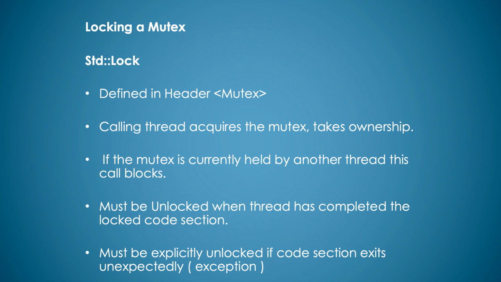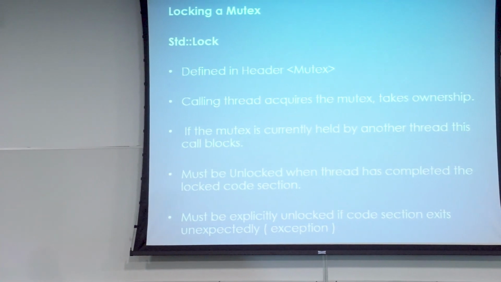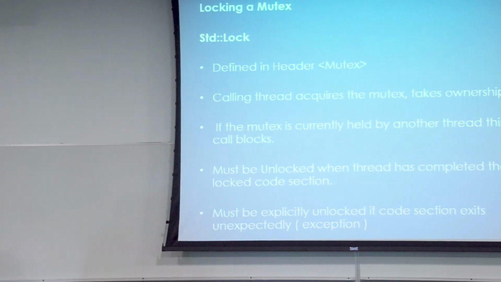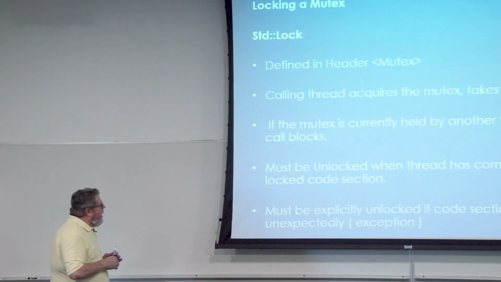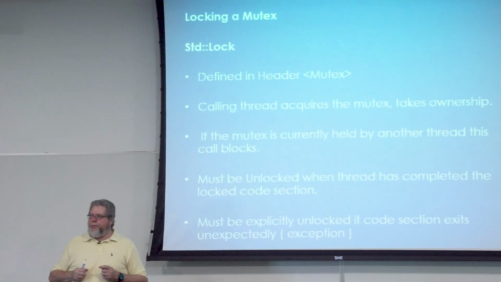So we said we're going to lock it, and we get different behaviors depending upon how we lock it. The first way that we can lock it is with a lock. This is the basic, most simple way to lock it. All the other forms are built off of this, right? So this is the first Lego brick. The lock command is going to lock it.